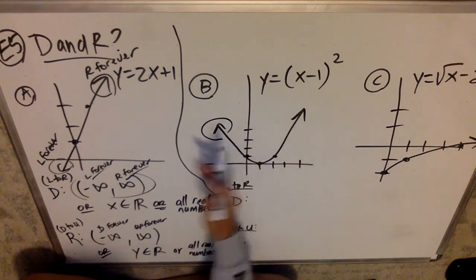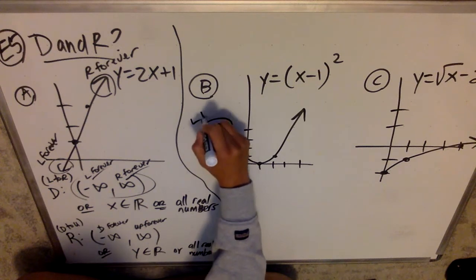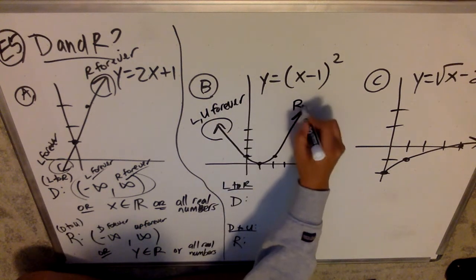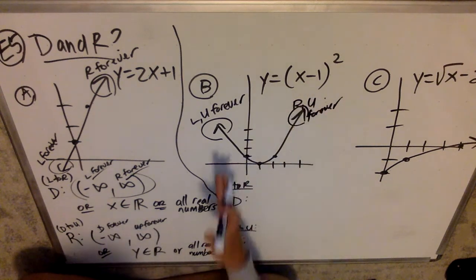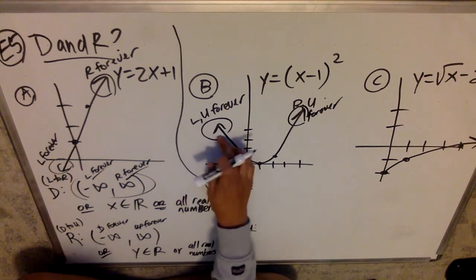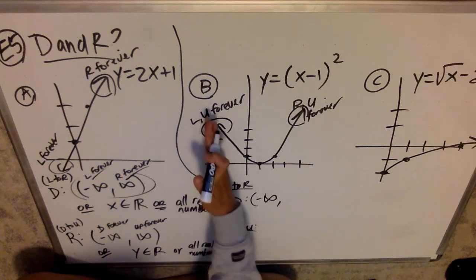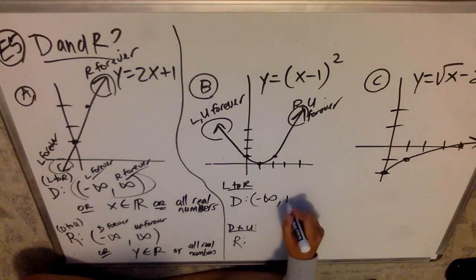What I notice is this goes left and up forever, and this one goes right and up forever. So I'm going to have a curve forever this way, which means I start at negative infinity. Then I have a curve, I have a curve, and oh, look, it goes forever to the right also, so I go to infinity.